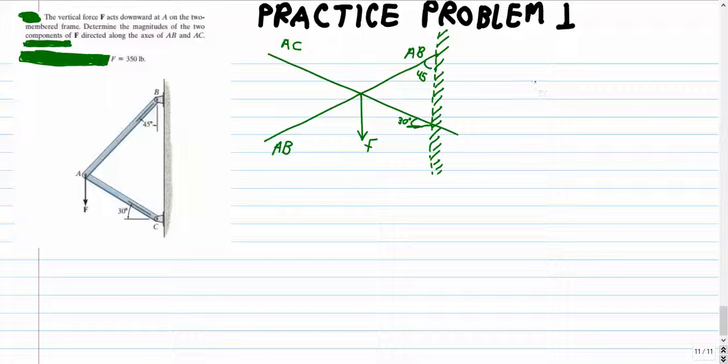So the force F vector is going to look like this. We know that the two components of the force F vector have to be in the direction of the AB line and the AC line. So what if the component along the AB axis is like this?